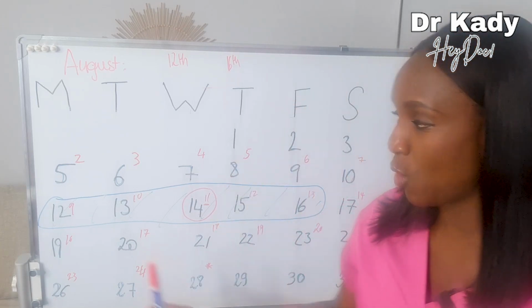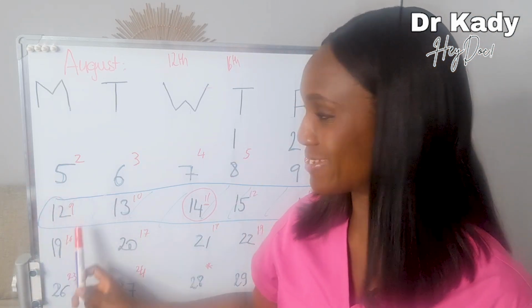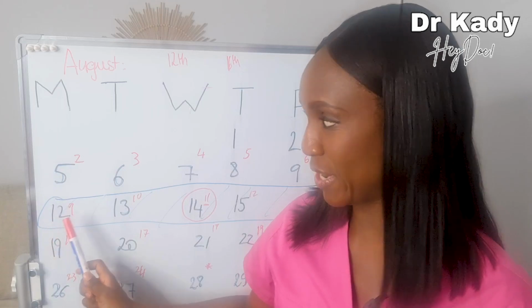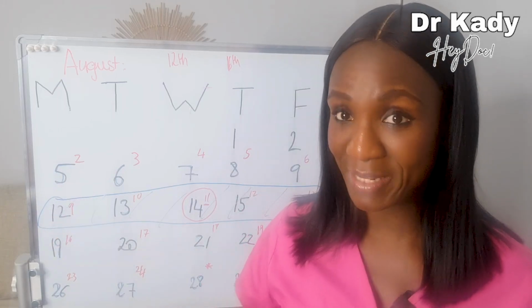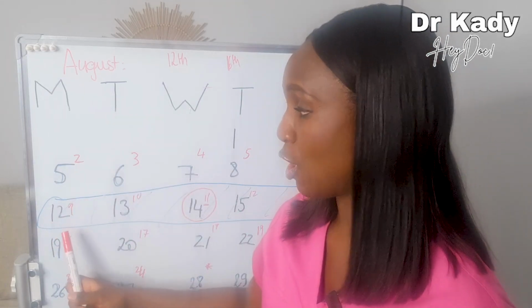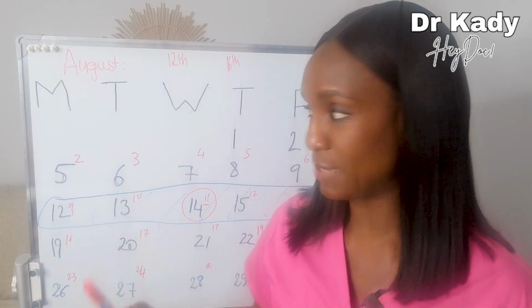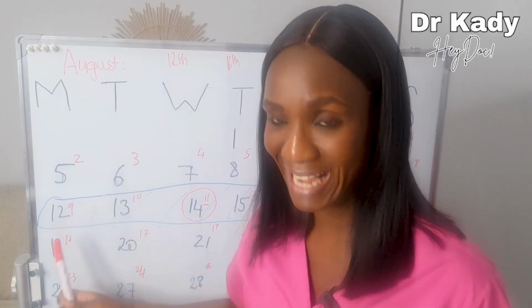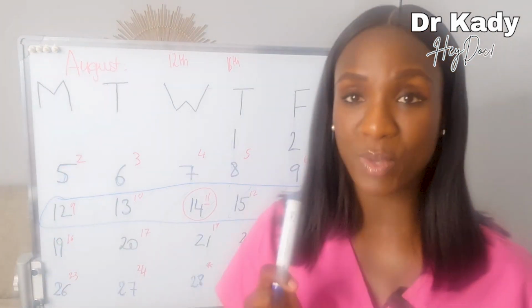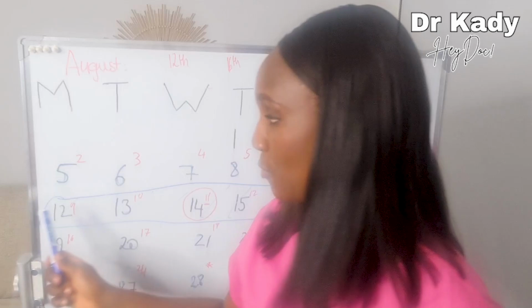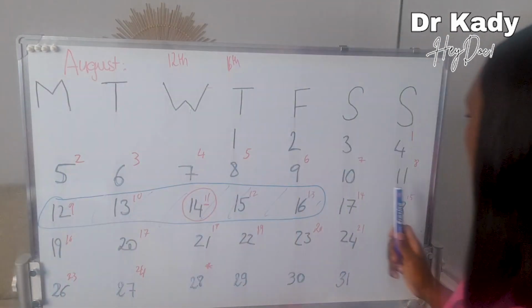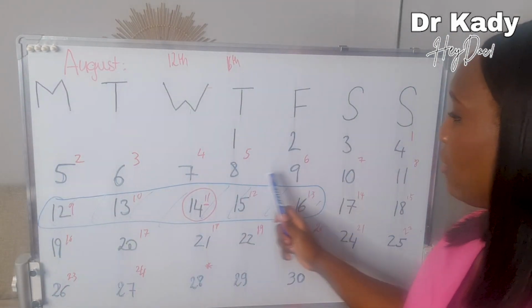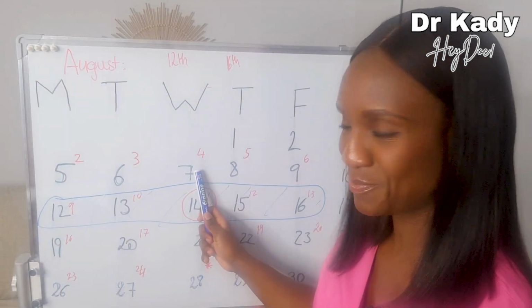So we're going to work back from the earliest time that this lady can get pregnant. So she can possibly get pregnant on the 12th of August, or let's keep it to the 9th day of her cycle. So we're going to work 5 days backward from the 12th, okay? So 1, 2, 3, 4, 5.